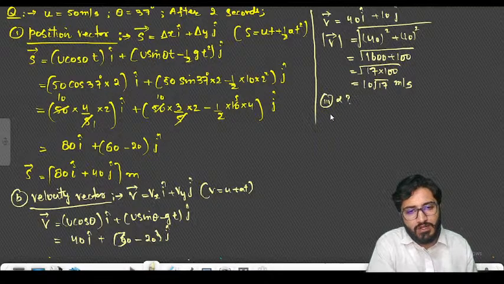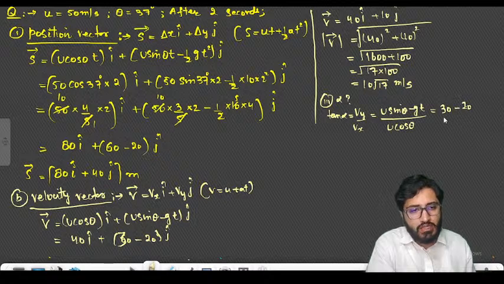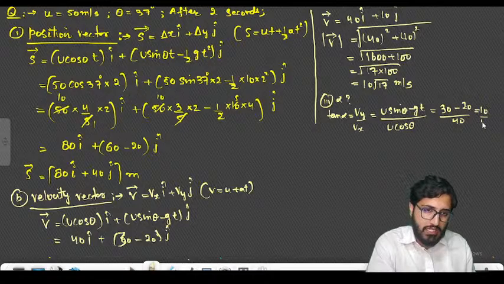We know that tan alpha is equal to Vy by Vx. Vy is u sine theta minus gt, divided by u cos theta. U sine theta is 30 minus gt, it is 20. U cos theta is 40. So my answer is 10 by 40.